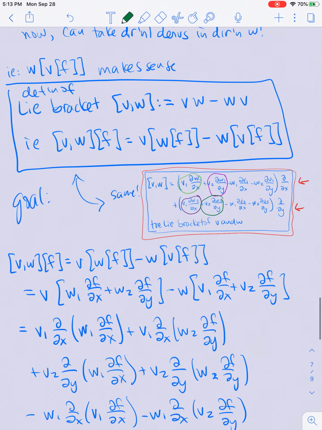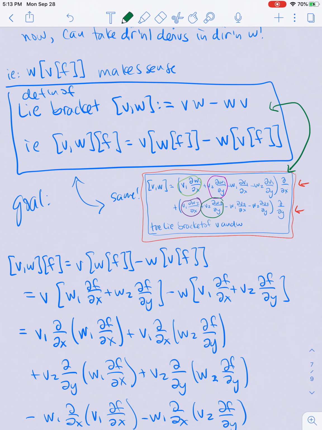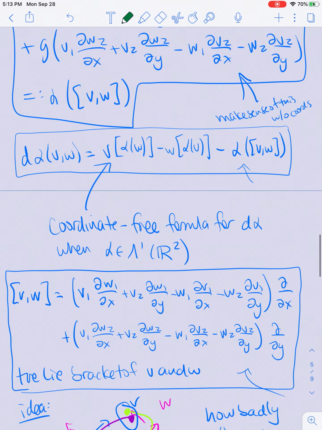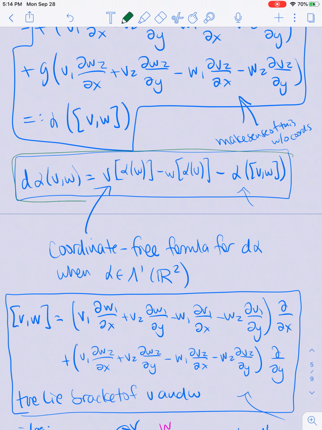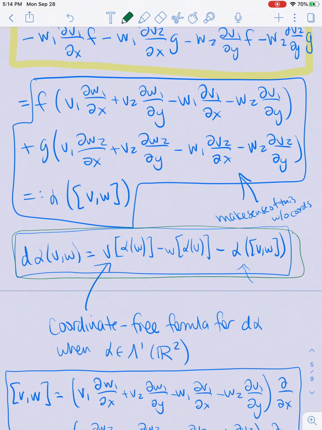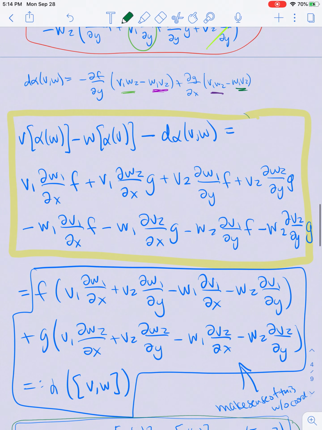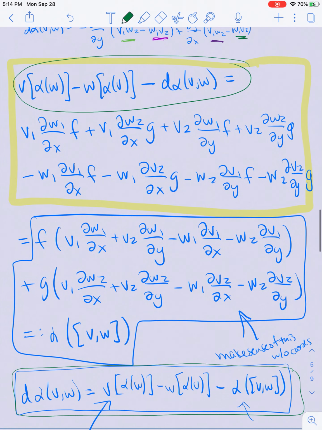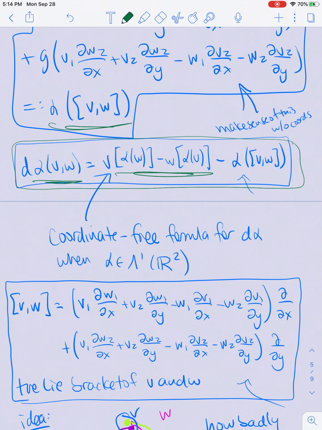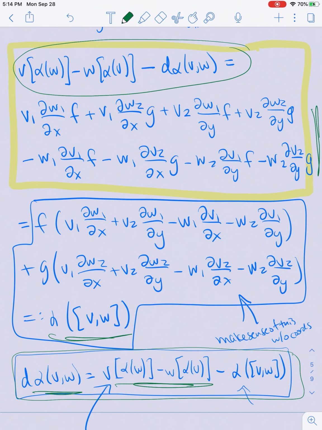So what we've done is we've shown that the Lie bracket is given in coordinates by this formula, which tells us that this coordinate-free formula for the derivative of a one form, the exterior derivative, is true because we managed to compute the difference between this and this, showed it was some vector field being eaten by alpha, and then we figured out what that vector field had to be in coordinates.